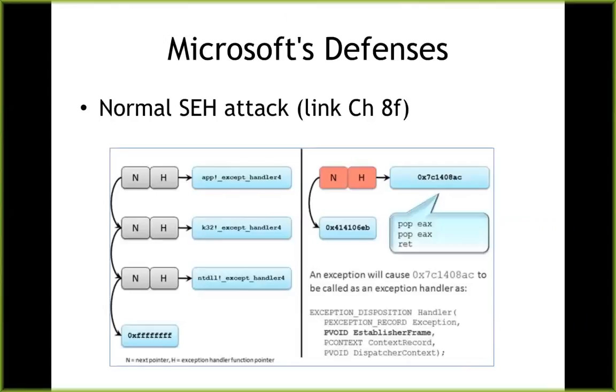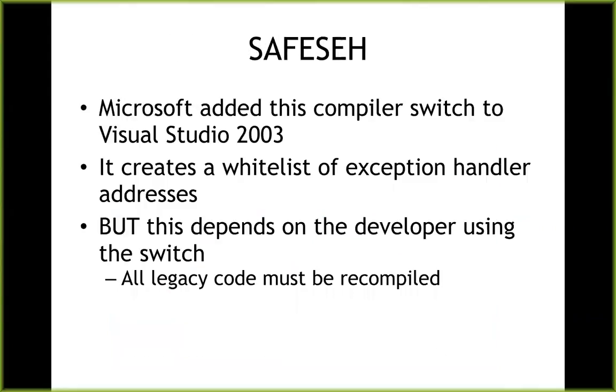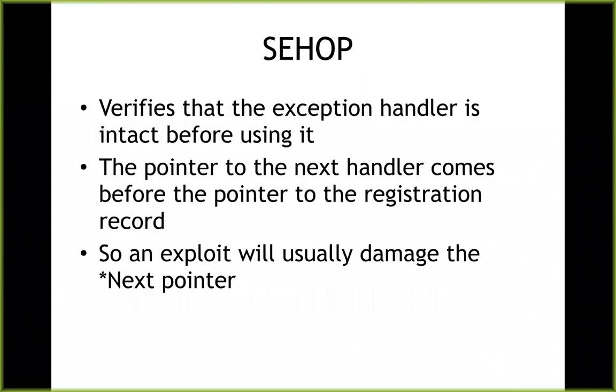I'm not able to go through this in the details, but SafeSEH is a compiler switch, and what this does is it creates a whitelist of handler addresses. And this is something Microsoft has done many times. So if you recompile your old code with the new switch, now you cannot jump into the middle of modules. You can only jump into the safe places, which would prevent this kind of attack.